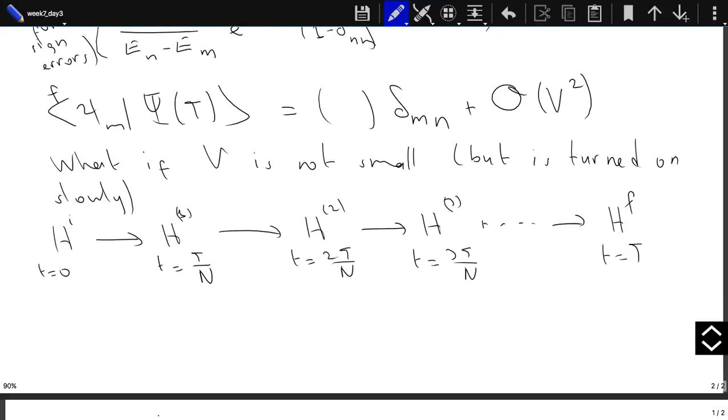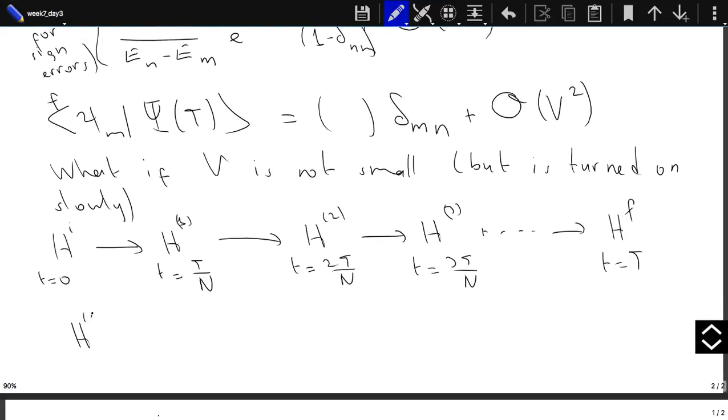Hn is equal to Hn minus 1 plus V over n. We are just turning it on slowly. At every step, we increase the potential by V over n.